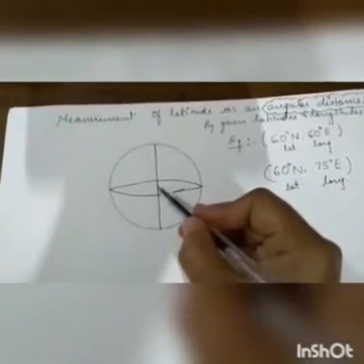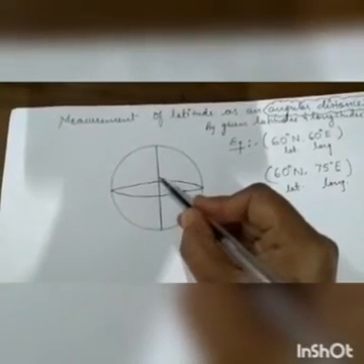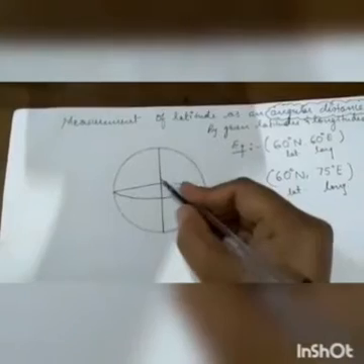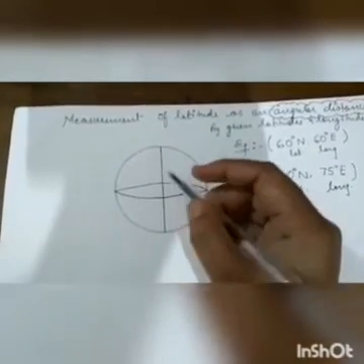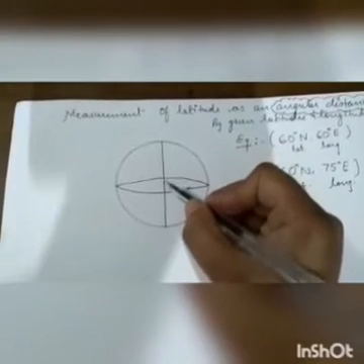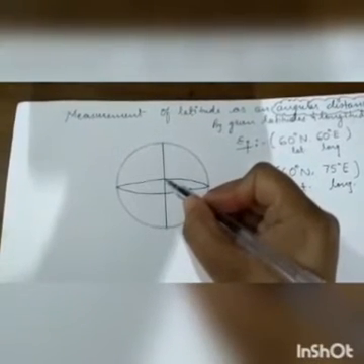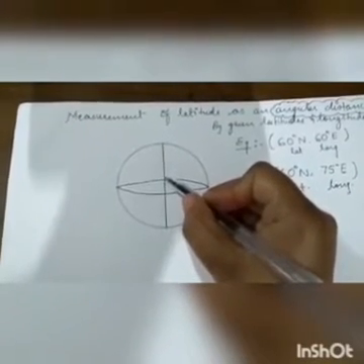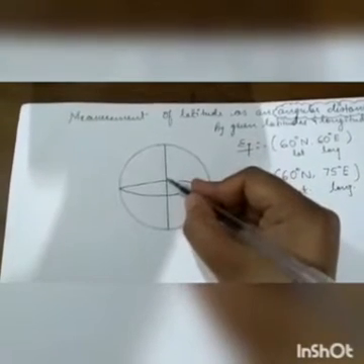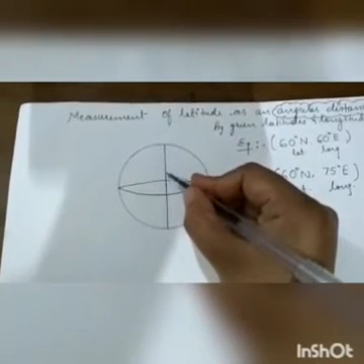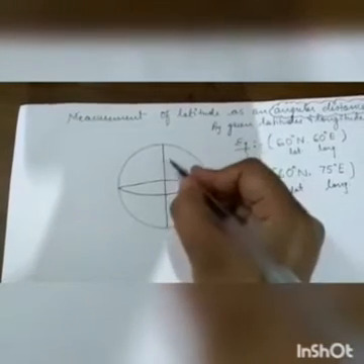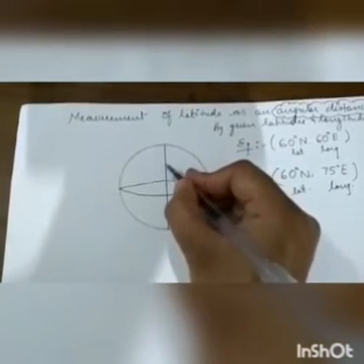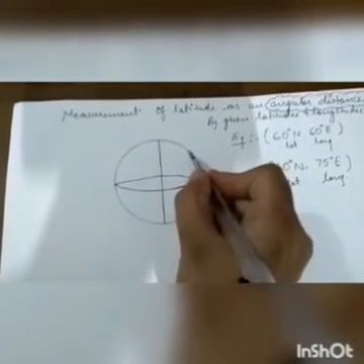This is 0 degree, then 15 degree north latitude. As we go up towards north, the measurement goes like this: 0 degree, then 15 degree, then 30 degree, then 45 degree, then 60 degree. So here we have 60 degree north latitude.